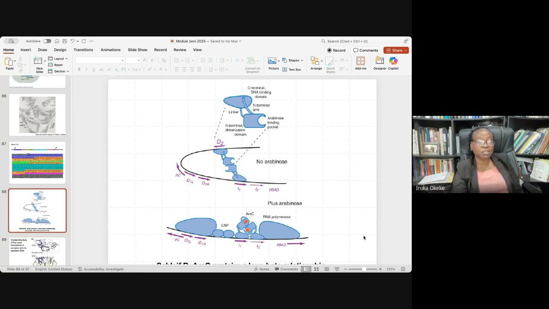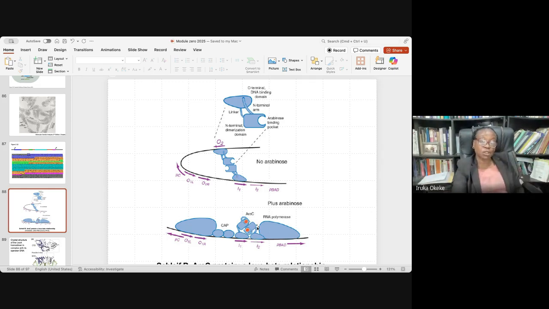In the absence of arabinose, the structure of the AraC protein is different. And instead of binding right upstream of the other arabinose genes, it binds in this conformation. One molecule binds here and another one binds far, far away. And then it bends the DNA. Because the two molecules of AraC, you see they always stick together.